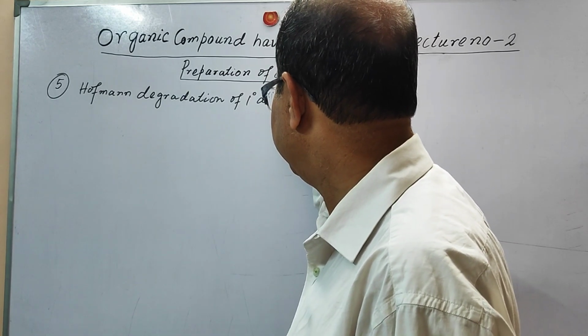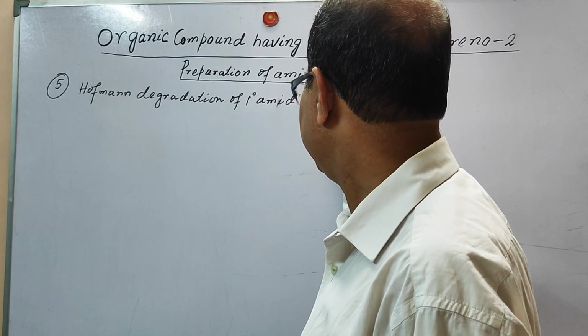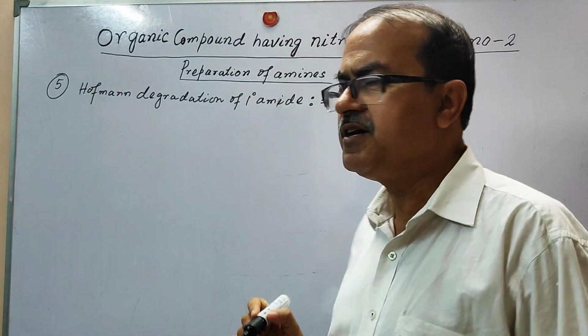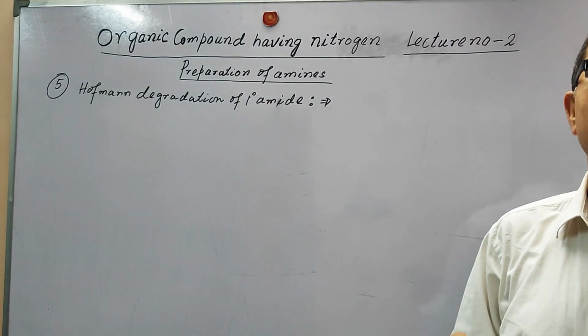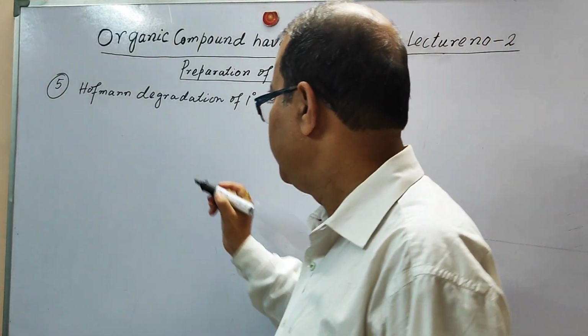Hofmann degradation on 1 degree amide. And this reaction is carried out with the bromine in presence of KOH.